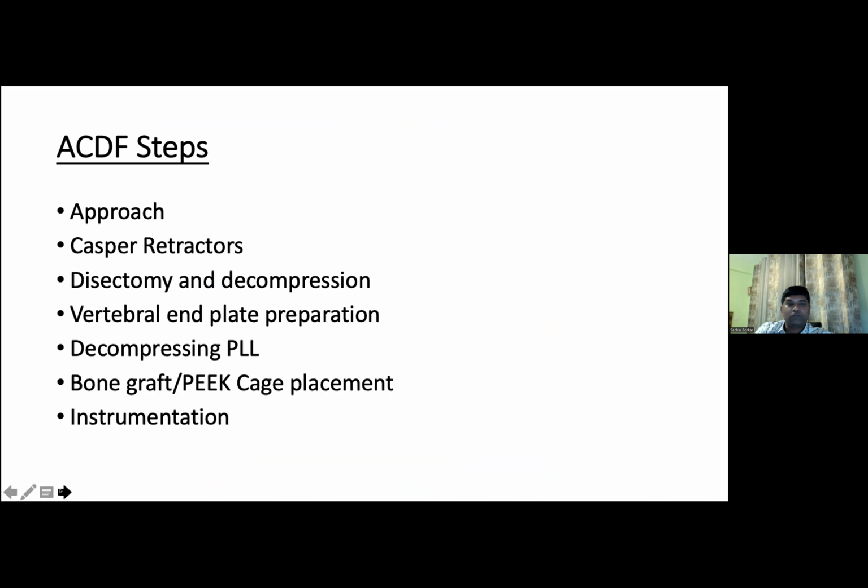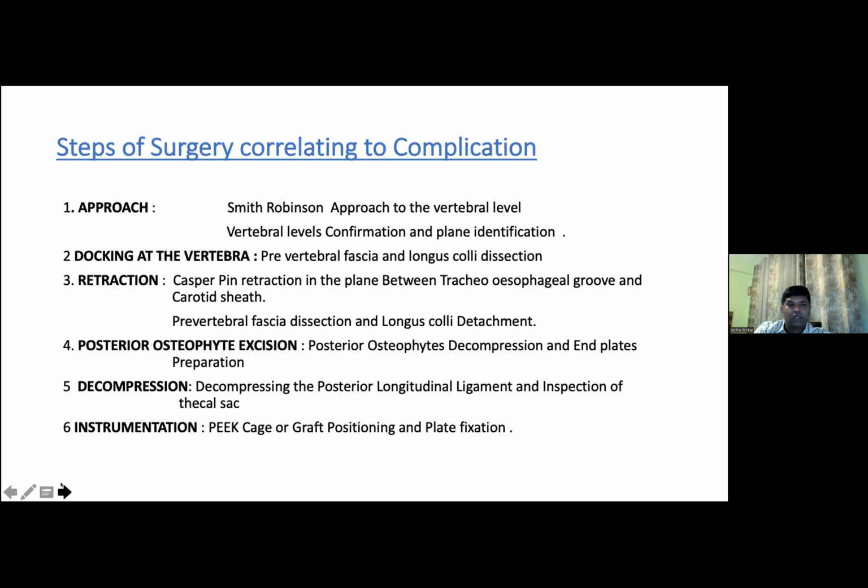The approach is the Smith-Robinson approach, and we have to carefully identify the plane between the carotid sheath laterally and the tracheoesophagus medially, and put in self-retaining retractors or a handheld retractor, then discectomy, decompression, careful vertebral end-plate preparation, decompressing the PLL because it is one of the most important structures which needs decompression, and then putting either an autologous bone graft or a PEEK cage, and then instrumentation.